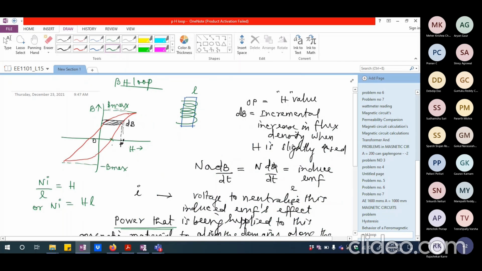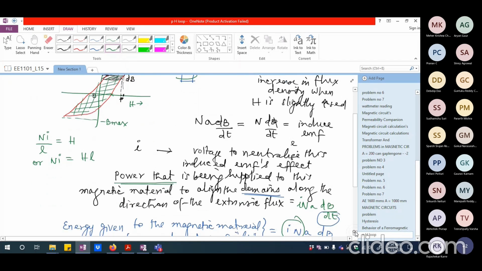If I do the entire integration for the energy supplied for the domains to align in the positive direction and again realign in the negative direction, I will get the complete area under this BH loop as the energy spent over one cycle.